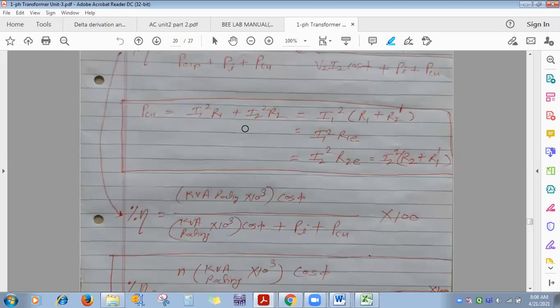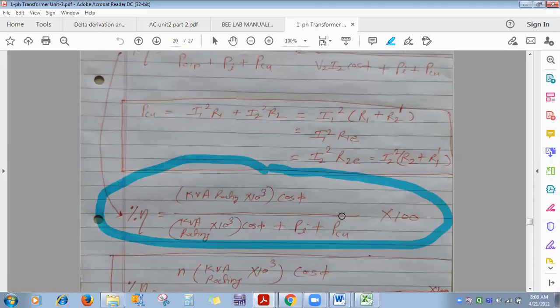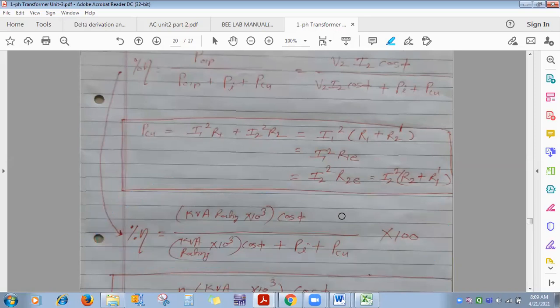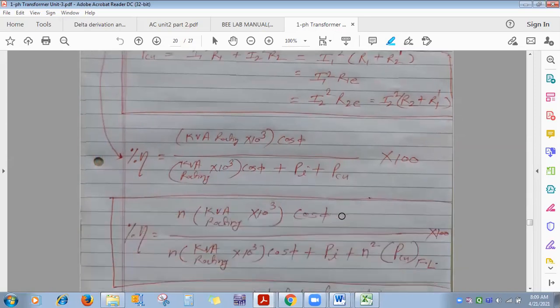But this is about the half load condition. Sometimes you may be asked to calculate the efficiency when the load is 75% of full load, 85% of full load, 80%, 40%, 60%. Then in that case, what will be the kVA rating? What will be the copper loss? In such a condition, one modified formula you can use in general for all types of load.